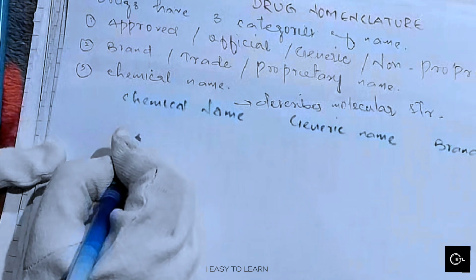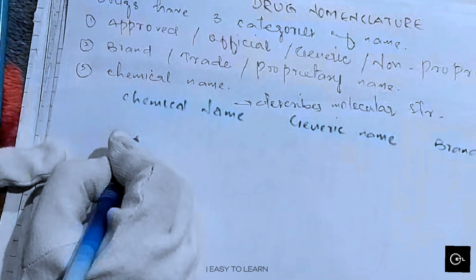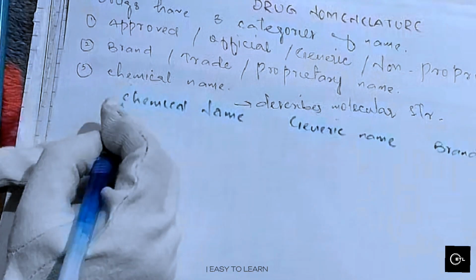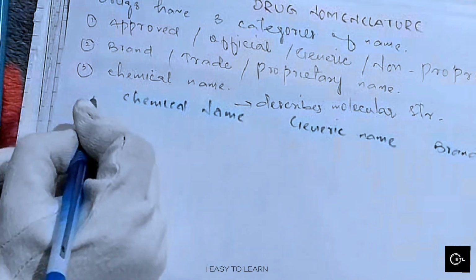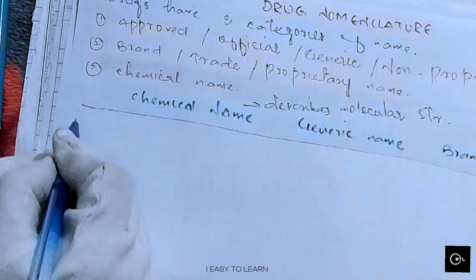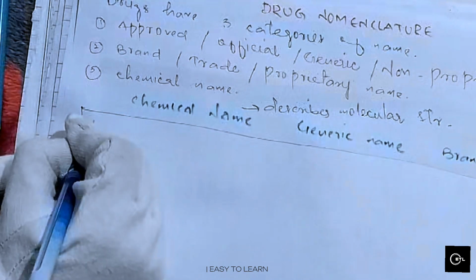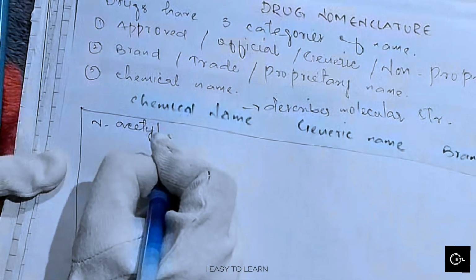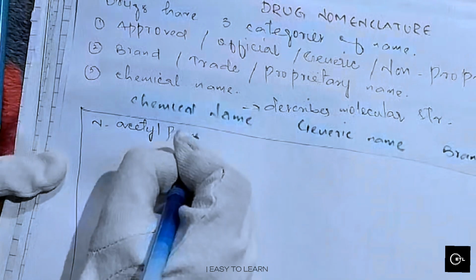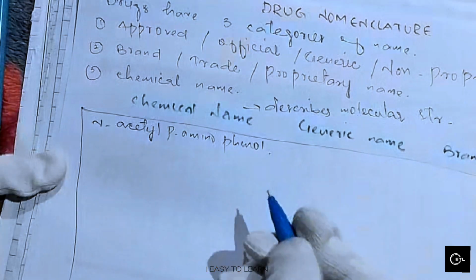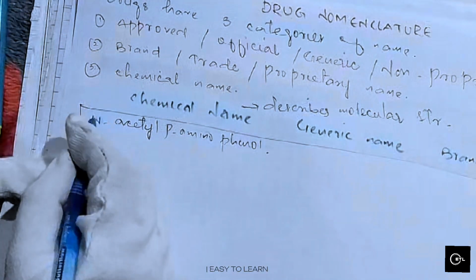So here if I take a drug, namely acetyl P-aminophenol. Here it's the chemical name of which drug?